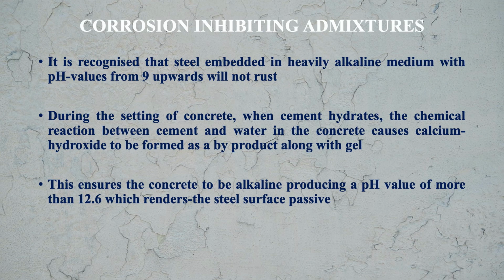This ensures the concrete to be alkaline because calcium hydroxide is an alkaline material, producing a pH value of more than 12.6, which renders the steel surface passive. Means there will be no corrosion because now the concrete is of alkaline nature, higher pH is there.